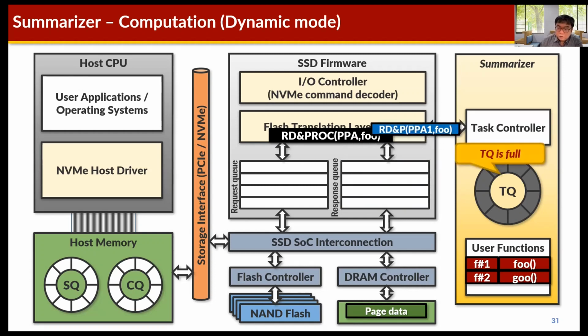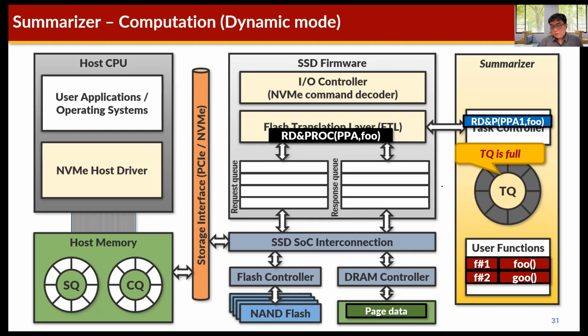This case shows when the task queue is full. That means the computation resources in the SSD are occupied by other tasks, like some FTL functions or other geodata processing functions.